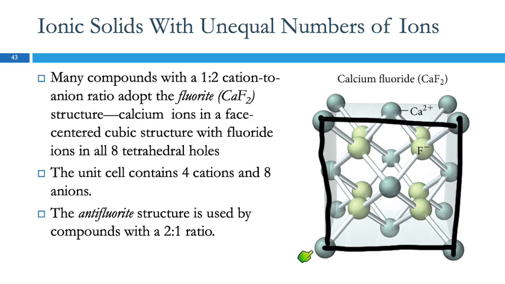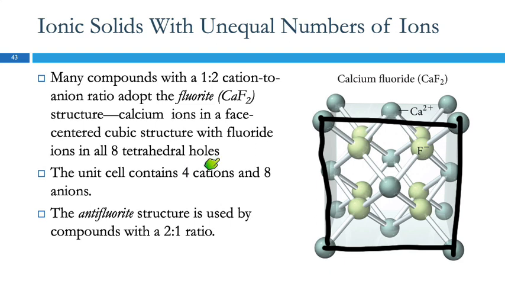So there's one side, and here we have a calcium in the face, right? So again, this is face-centered cubic. And now we have more fluorides in here. Turns out there's 8 tetrahedral holes in there. And so here, all of those are going to be occupied.